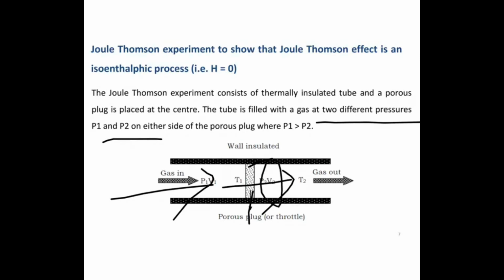The gas at constant pressure and volume is allowed in through the inlet, and adiabatic expansion takes place inside the insulated wall. The change in gas pressure, volume and temperature can be noted down.